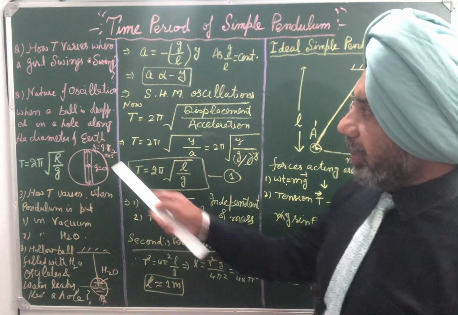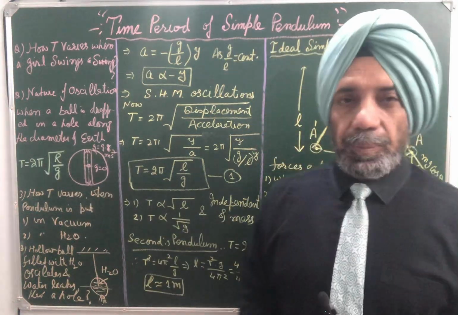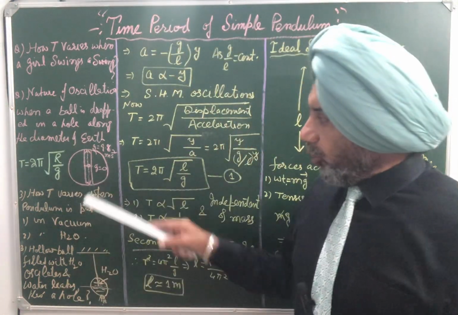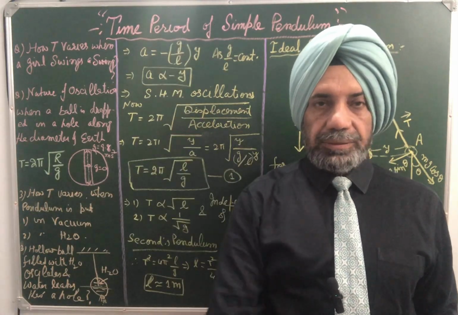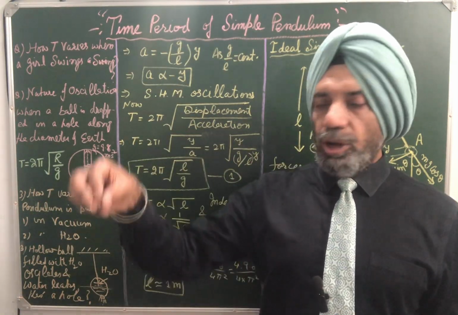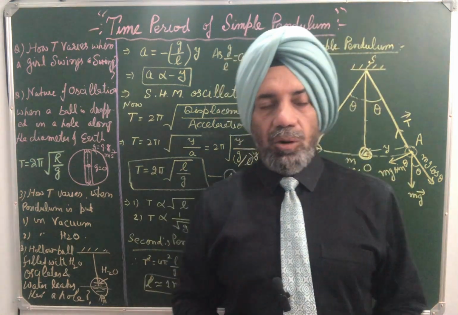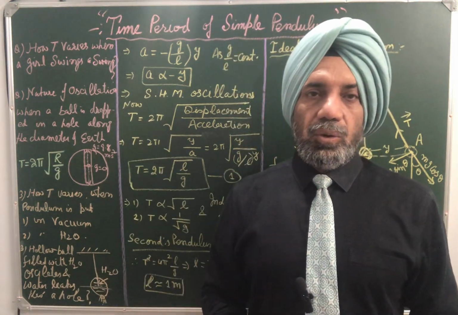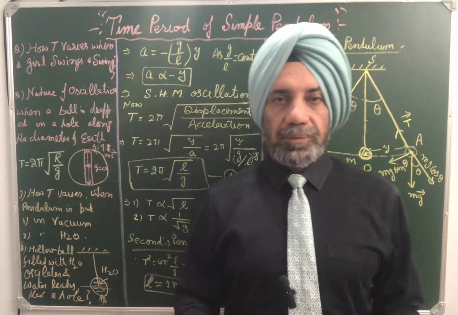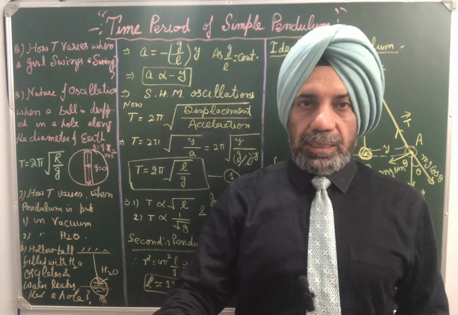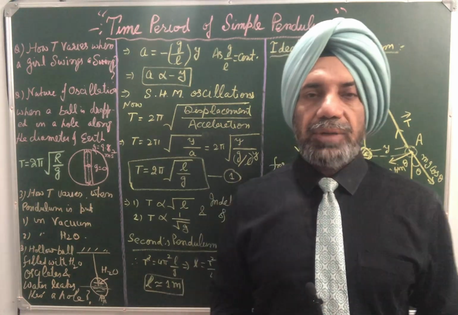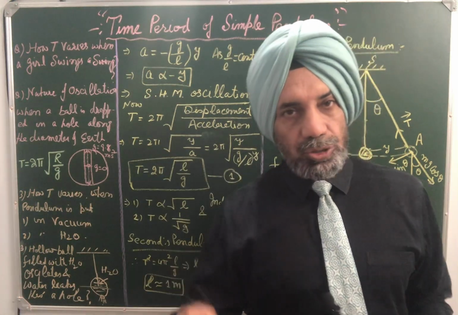Second, a very important question: suppose we dug a hole along the diameter of the earth and a ball is dropped into this hole. What will be the nature of its motion? The ball will move down due to its weight, reach the center of the earth, then overshoot the center.